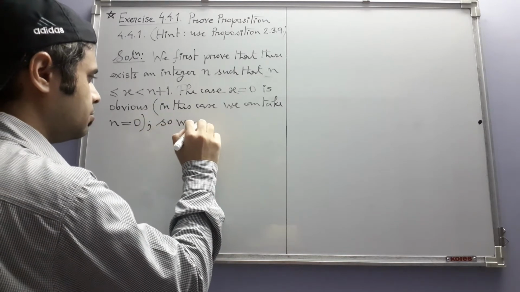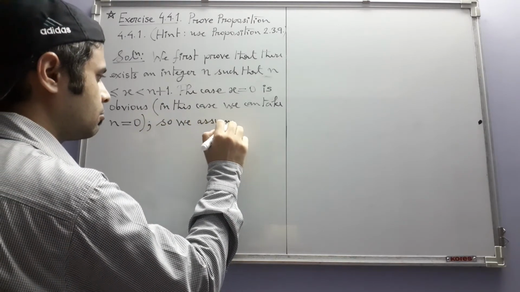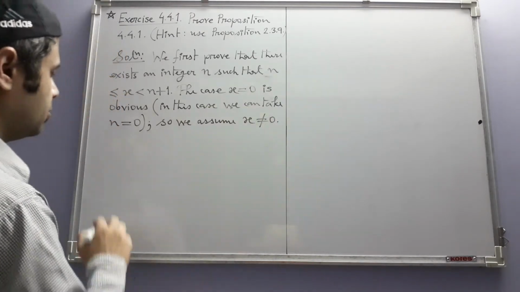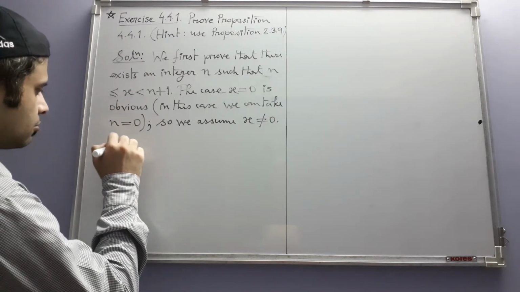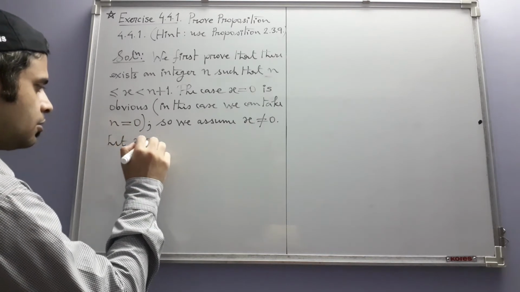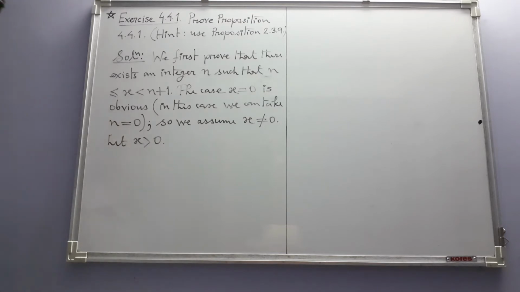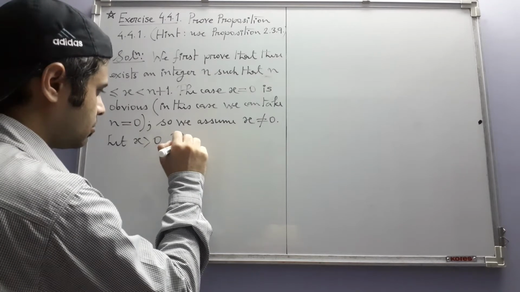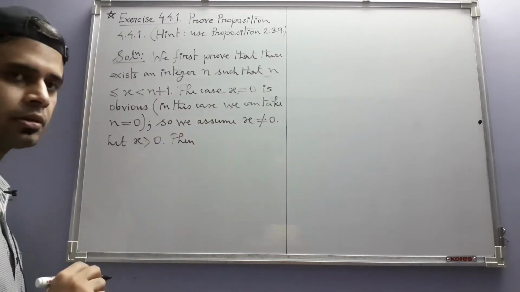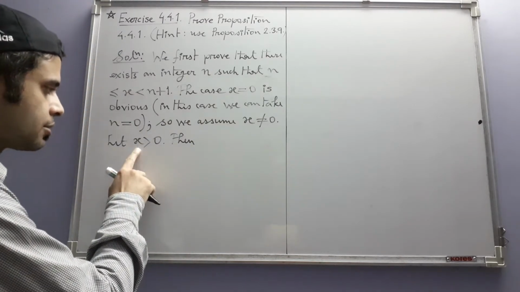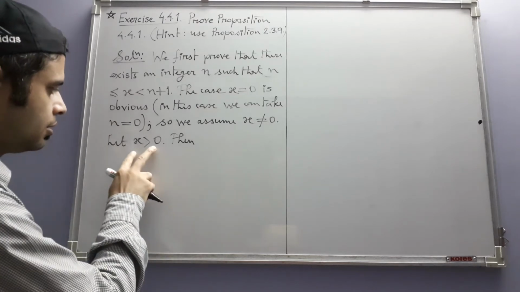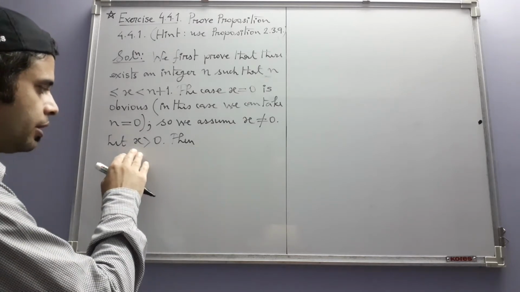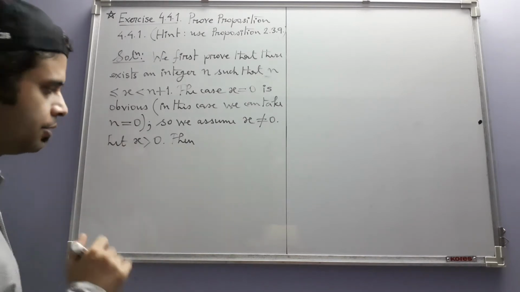So we assume x to be non-zero. First we consider the case where x is positive. Then, since x is a positive rational number, by the definition of positivity, there will be two positive integers p and q for which x is equal to p divided by q.